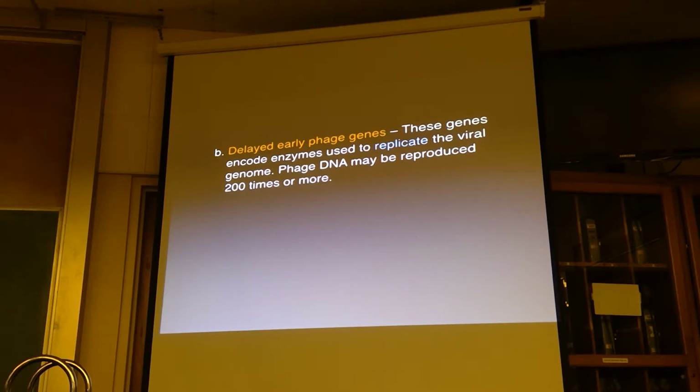Well, the next set of enzymes that are going to be expressed, sorry, the DNA is expressed to make the enzymes. So the next set are referred to as the delayed early phage genes. These are going to encode enzymes that replicate the viral genome. And the replication of the viral genome happens hundreds of times, typically around 200 times.